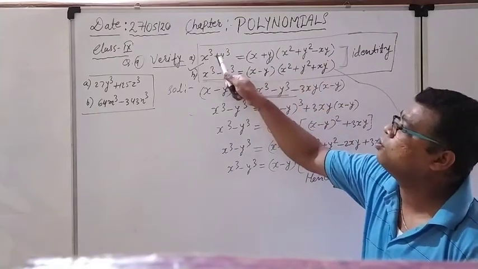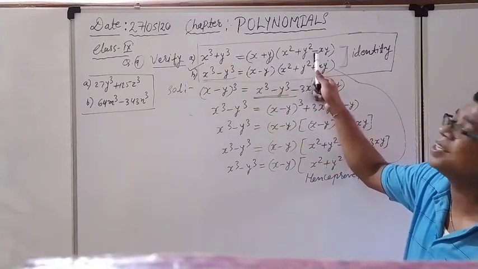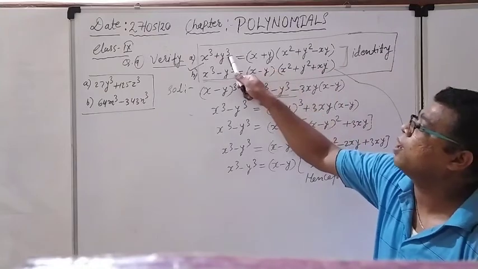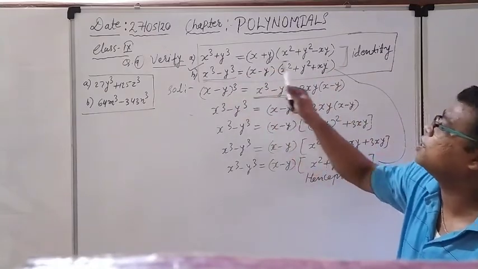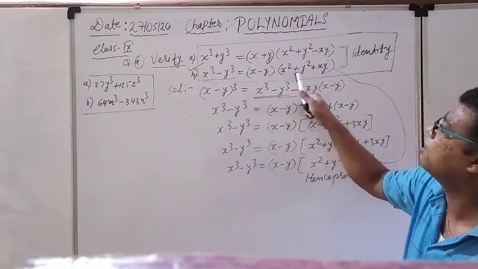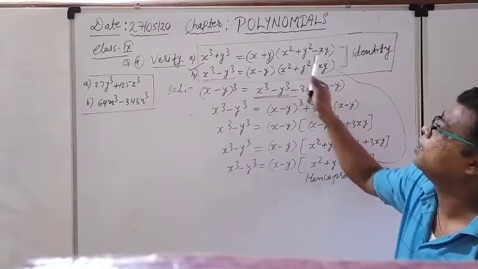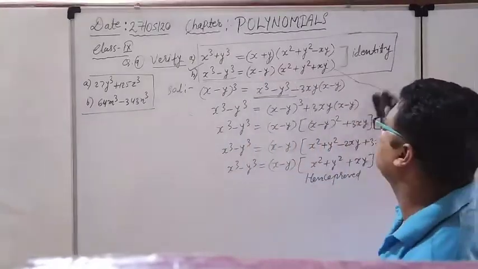See here, x cube plus y cube, what is the expression? X plus y, x square plus y square, but minus xy is there. X cube plus y cube always gives minus xy, and x cube minus y cube always gives plus xy here. Other things are minus, x minus y, but here all the terms are plus. So this we have to learn actually, then only we can apply this for solving other questions.